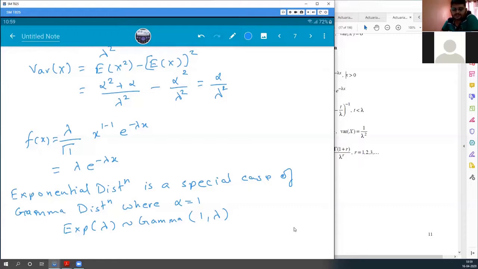Now for the exponential distribution or any other distribution that we studied before, we could have a logical explanation for those distributions. But the alpha part of the gamma distribution does not have any logical explanation. So whenever a particular variable is following gamma distribution, the question will always mention that it is following a gamma distribution.